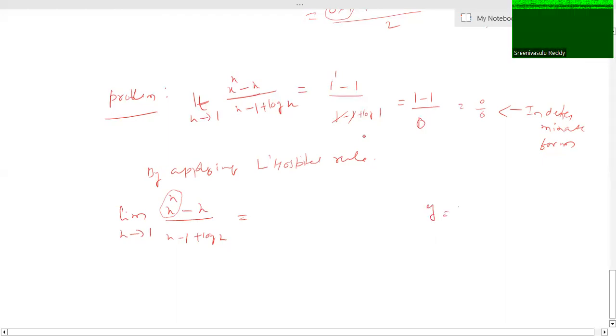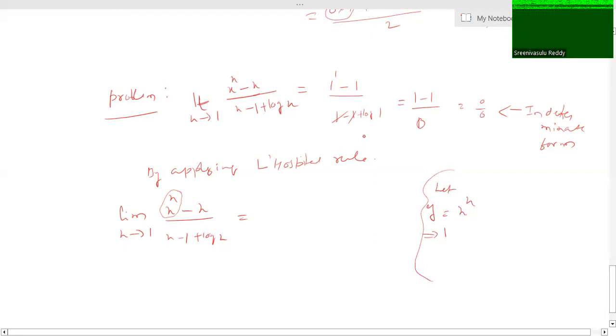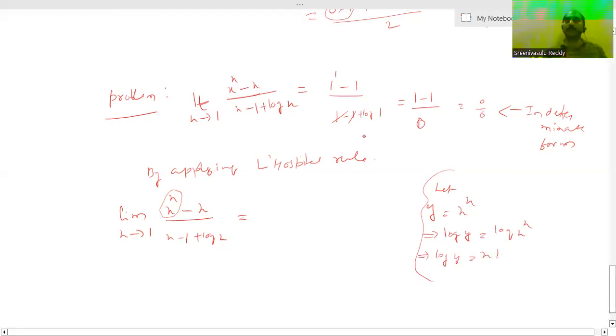Let y equal to x power x. No need to find, just remember how to evaluate exponential limit. Then first step is let y equal to exponential function. Apply the log on both sides. Log y equal to log of x power x. That implies log y equal to x into log x.